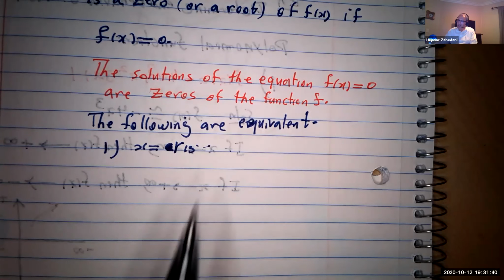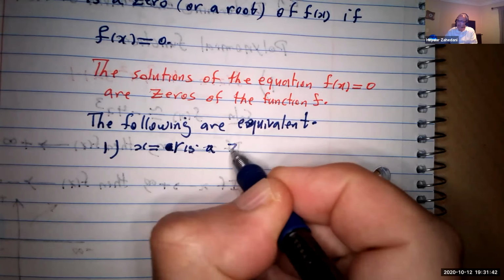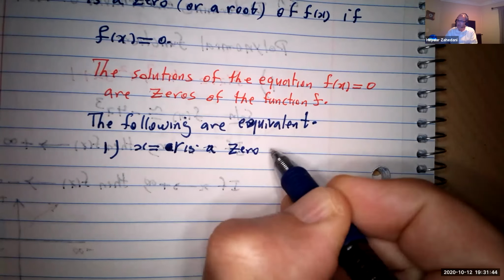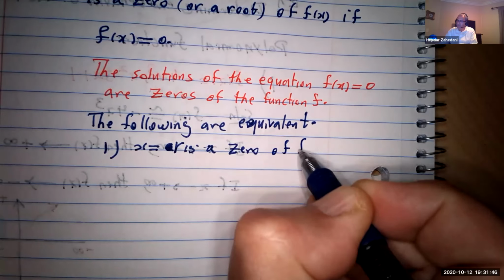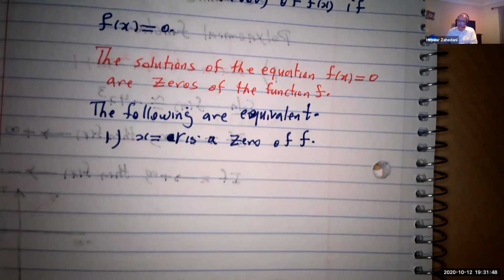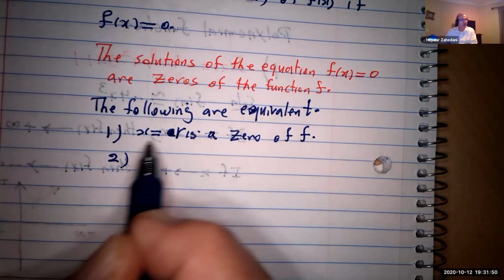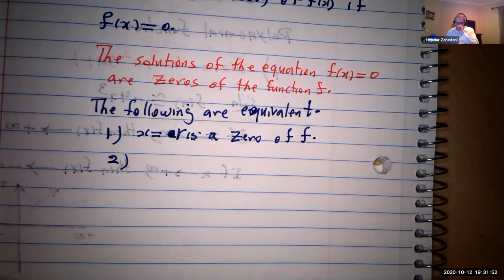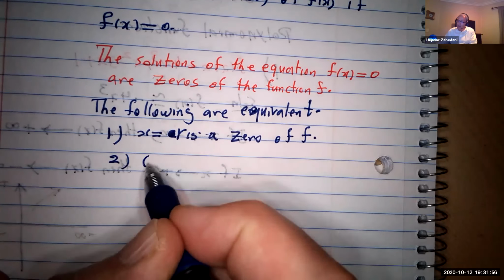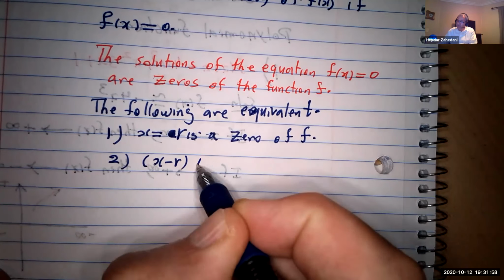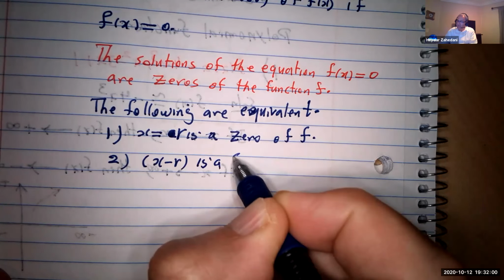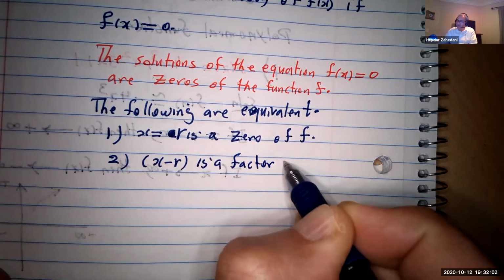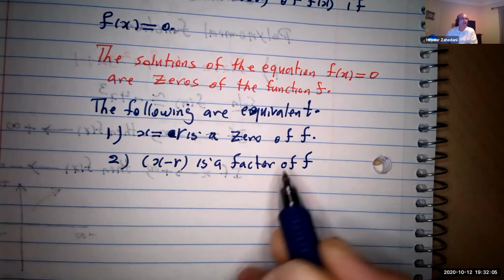x equal to r is a root, is a zero of f. It's the same as, you see, when you want to solve an equation, you need a factor to be able to solve it. So this means x minus r is a factor of f.